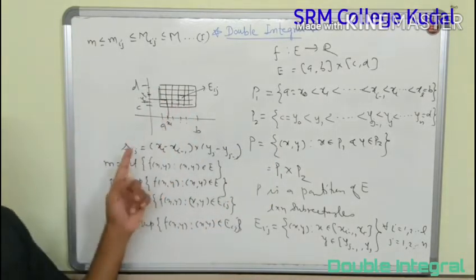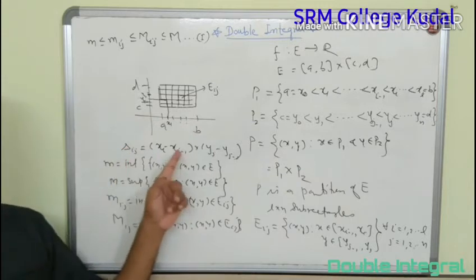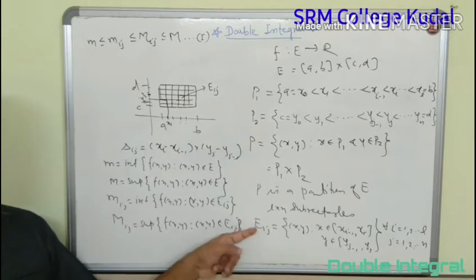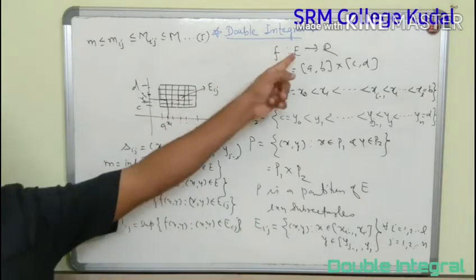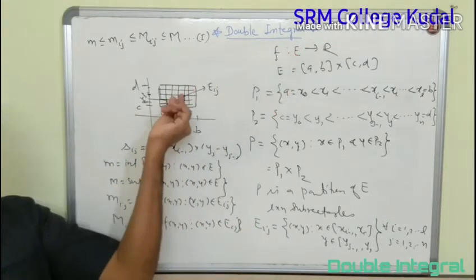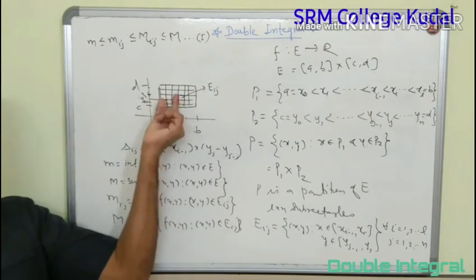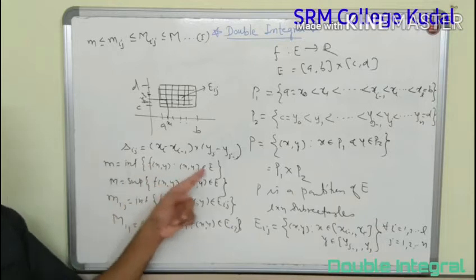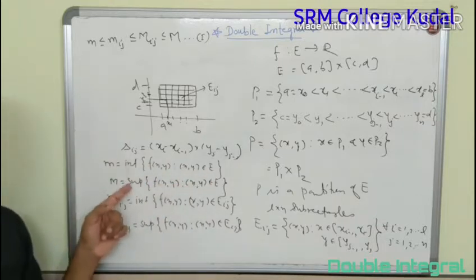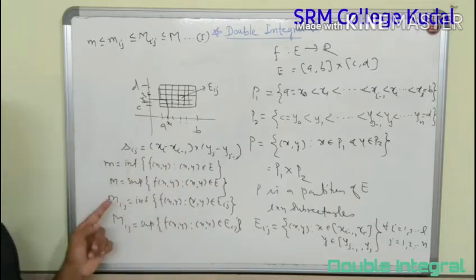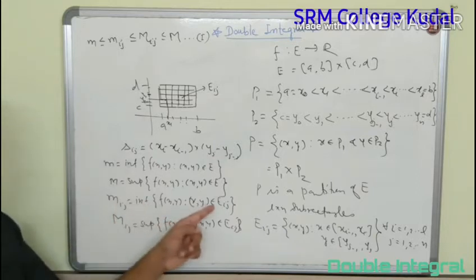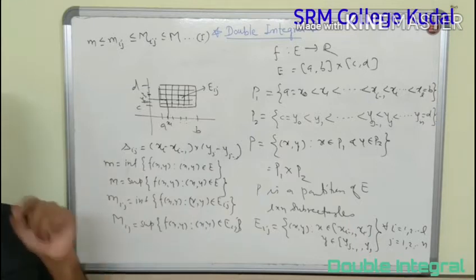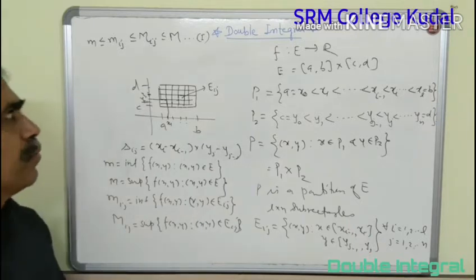And similarly, we have taken delta_ij being the area of the ijth subrectangle E_ij. As f is bounded on whole of E, it will be bounded on each of its parts, that is each of the subrectangles. So small m is the infimum of f on whole of E, capital M is the supremum of f on whole of E, m_ij is the infimum of f on E_ij, and capital M_ij is the supremum of f on E_ij.